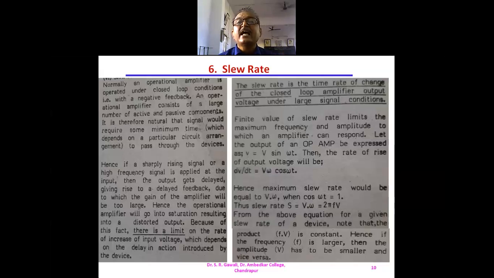The slew rate is the time rate of change of closed loop amplifier output voltage under the large signal condition. लार्ज सिग्नल जब अप्लाई किया जाएगा इनपुट को, तो जो डिले होगा आउटपुट टर्मिनल में, आउटपुट वोल्टेज मिलने के लिए जो डिले हो जाएगा, तो उसको कहा जाता है स्लीव रेट. तो फाइनाइट वैल्यू ऑफ स्लीव रेट लिमिट द मैक्सिमम फ्रीक्वेंसी एंड एम्पलीट्यूड टू विच द एम्पलीफायर कैन रिस्पॉन्ड. तो ये जो स्लीव रेट है, इट शुड बी एज स्मॉल एज पॉसिबल.